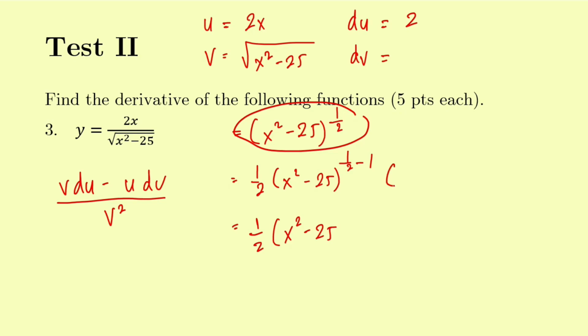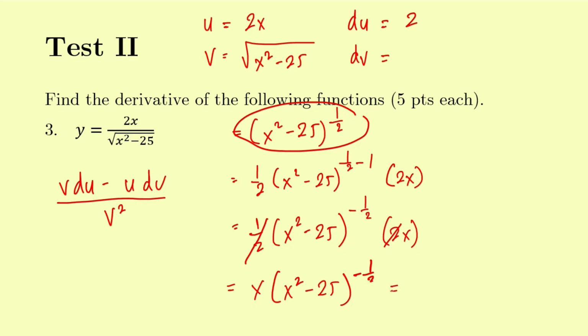So that will be 2x. Negative 1/2 multiplied by 2x, which is the derivative of x squared minus 25. This cancels out, so we are left with x multiplied by x squared minus 25 raised to negative 1/2, which simplifies to x over the square root of x squared minus 25, because this is negative 1/2. So that's dv.